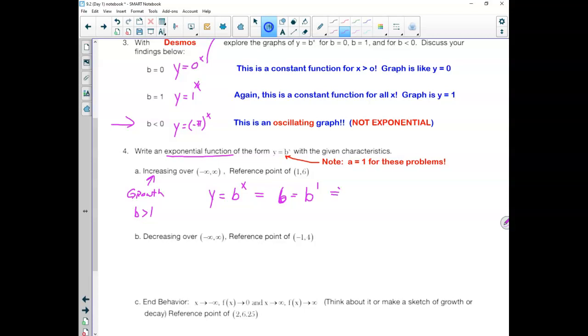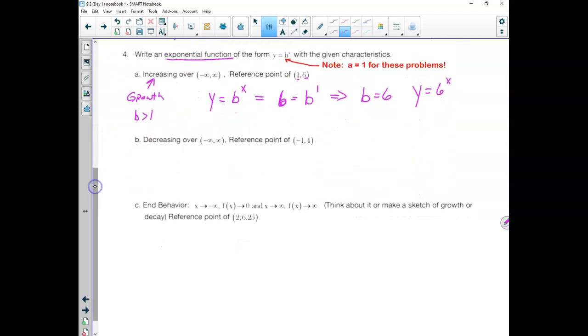Well, wouldn't this imply b has to equal 6? And if b equals 6, my function would be y equals 6 to the power of x. Because now, when I plug a 1 in for x, I get a 6 out for y, okay?